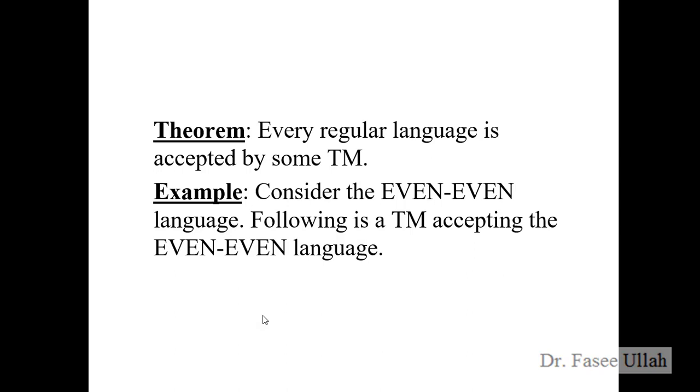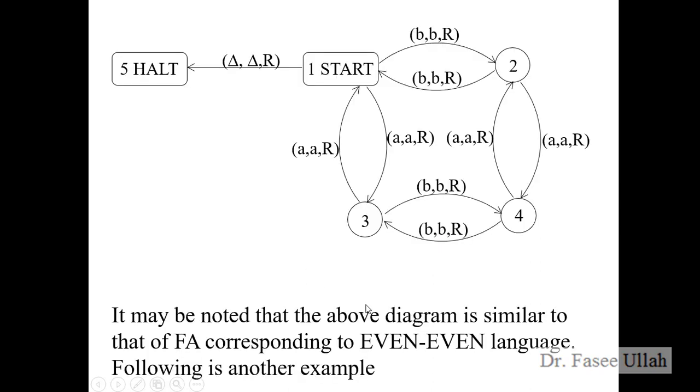We have some theorems again, like even number, odd number, palindrome. That is again the theorem for the Turing machine. How can we see even language, odd number, or palindrome as well? Consider the even language, the following Turing machine accepting the even language. How? Let's see. This is the start.